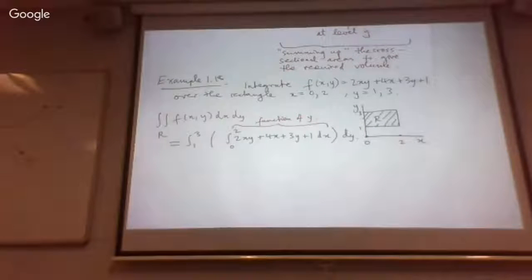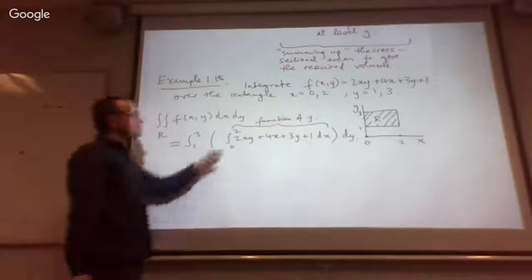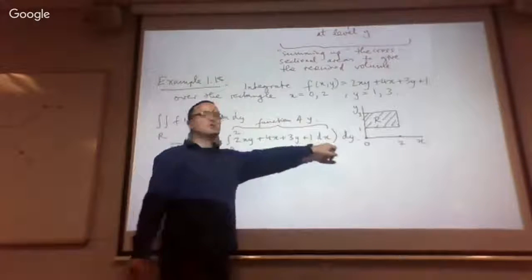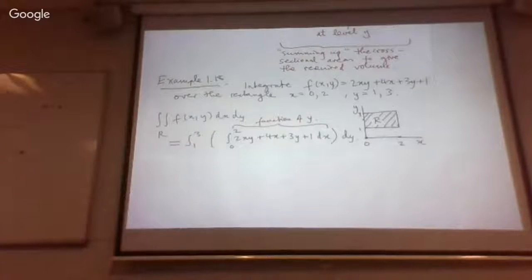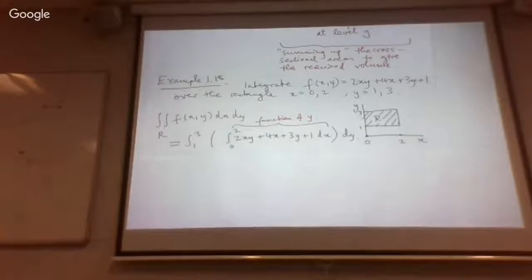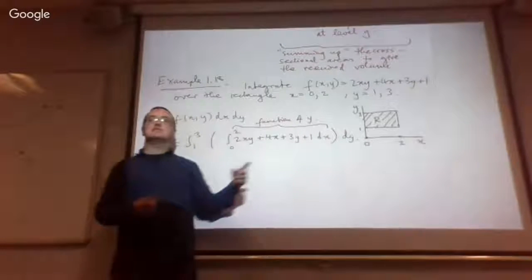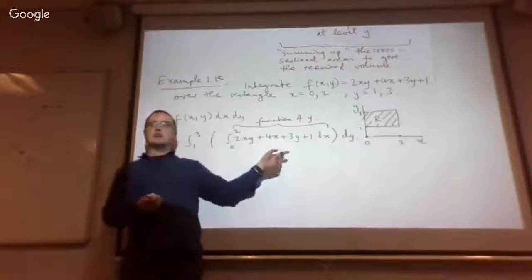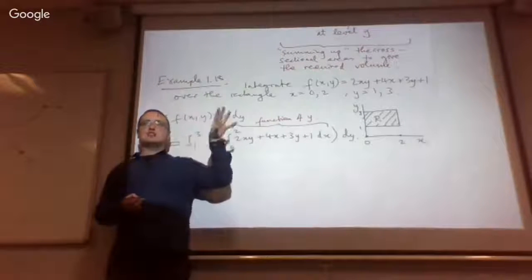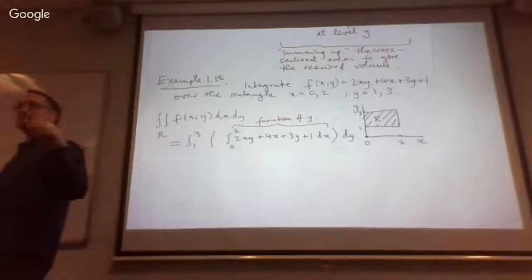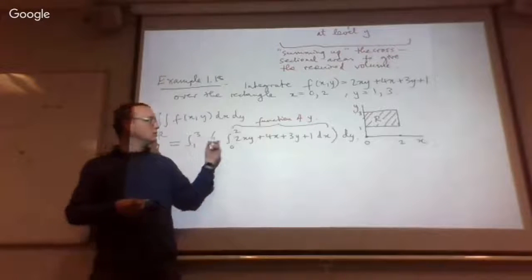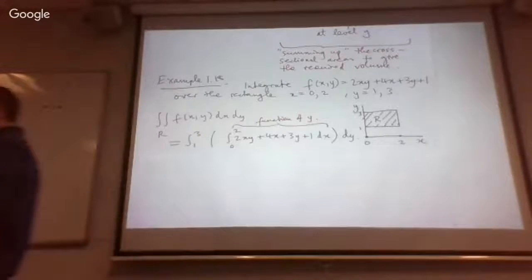For different values of the variable y, this integral will give different values. It's very much like the reverse process to partial differentiation. So we're integrating with respect to x here. Everywhere we see the y variable, we just leave it alone, treat it as if it were a constant, and carry that through with the integration with respect to x.